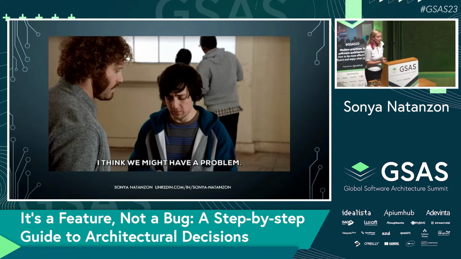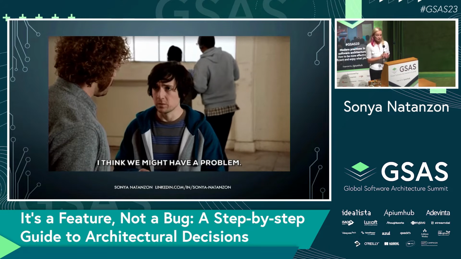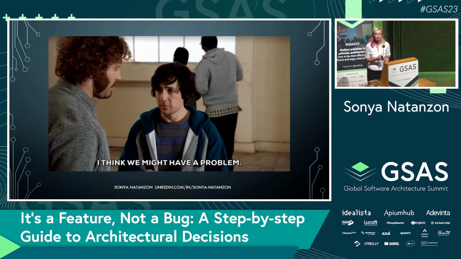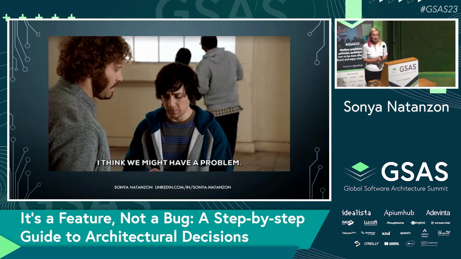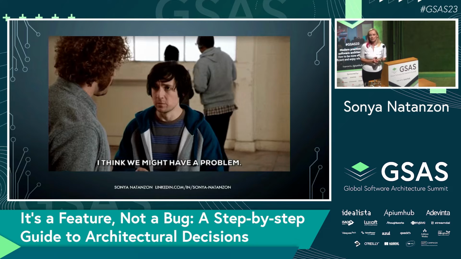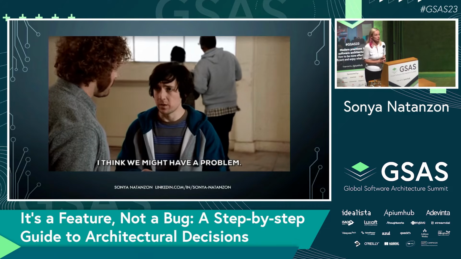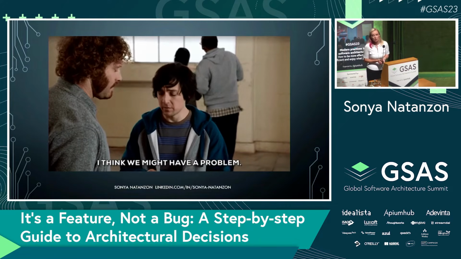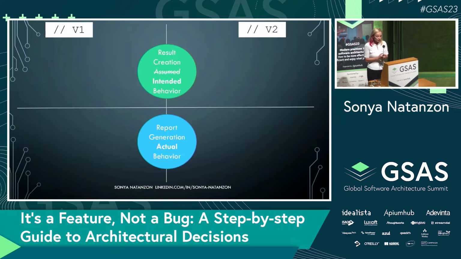However, a year and a half later, somebody from the result creation domain is saying that maybe not all results that should be showing up on the report are in fact showing up. So we look into it. We look through the two systems and analyze the behavior.